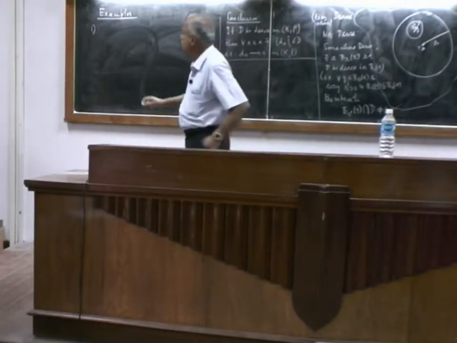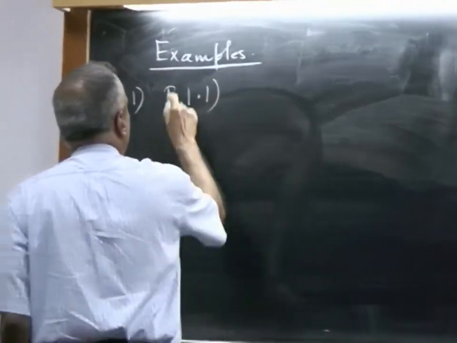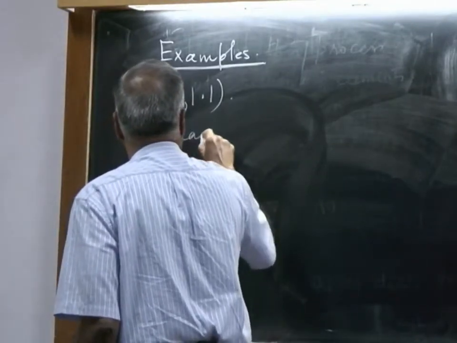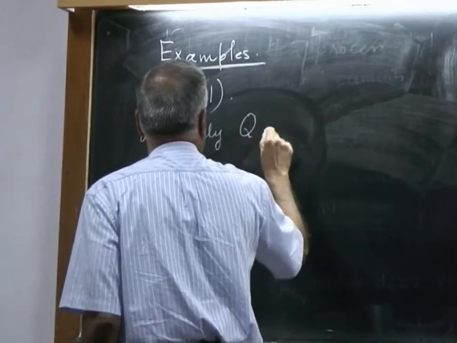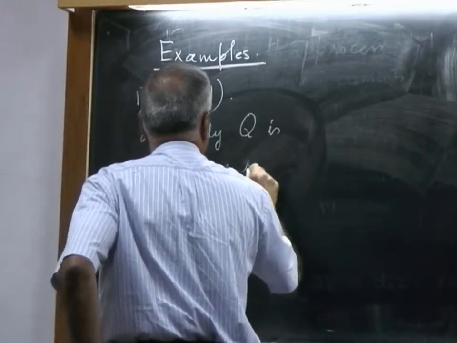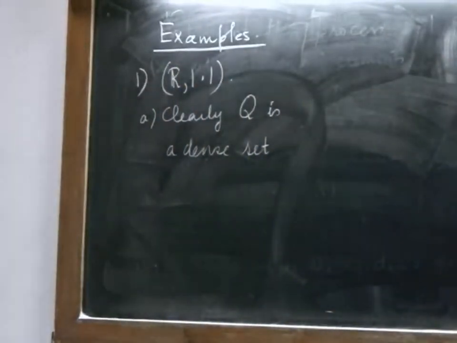Now, if you take the real numbers, this is our starting point. Clearly, Q is a dense set. That is our starting point anyway. This is what motivated the definition. Clearly, the rational numbers give us a dense set in the real numbers.